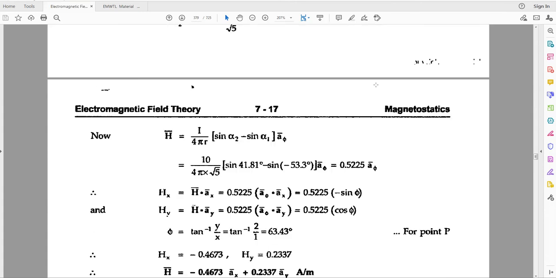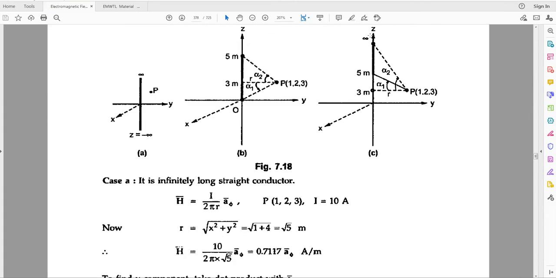You see now, the diagram shows here alpha 1, the distance is 3 to the 5. Why am I taking the 3? Because Z is equal to 3 here. In the previous case also, Z is equal to 3, so below that value we can take alpha 1 as minus degrees. So alpha 1 has the opposite side, and the adjacent side is R here. The distance is 2, because it starts from 5 and the point is 3, so 2, and from here onwards it is infinite.